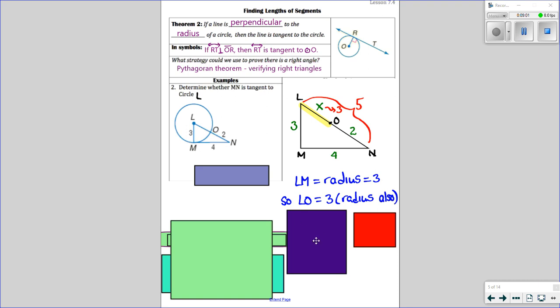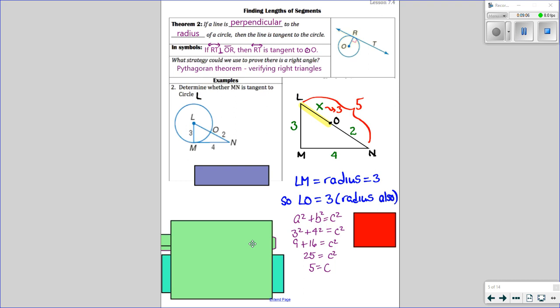So now we can plug that information into the Pythagorean Theorem. We found it to be 5, and we see that it's going to be a right triangle. You can plug in all the information you need to find out if it's a right triangle.